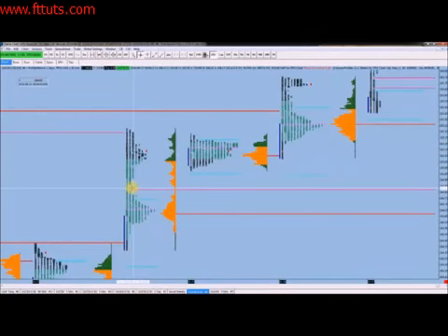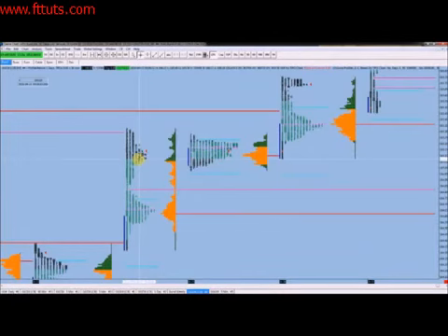What is unlikely to happen is you're unlikely to find a market shift from balance to trend. So you can limit some of your confusion and some of your worries in that if a market is finding balance, like here, even though it shifts, it is more probable that it's going to turn into a double distribution day than a trend day.